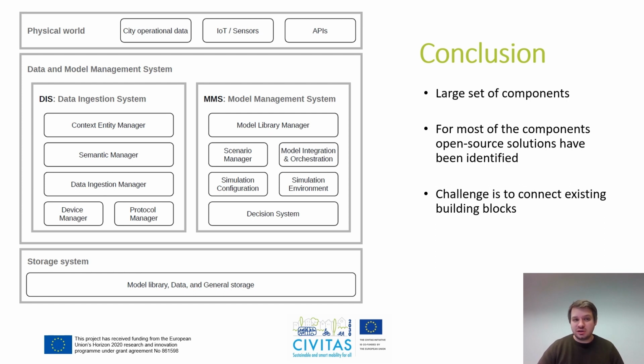However, one needs to think about how the implementation can be performed, and there, during the project LEAD, we have found that most of these requirements can be covered by already existing open source solutions, and they have been identified during the project. The challenge remains to connect these existing building blocks, and for certain specific developments in the LEAD project, we will see more detailed analysis in the following lessons.